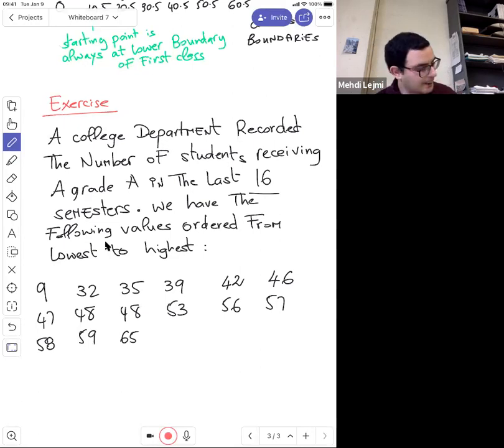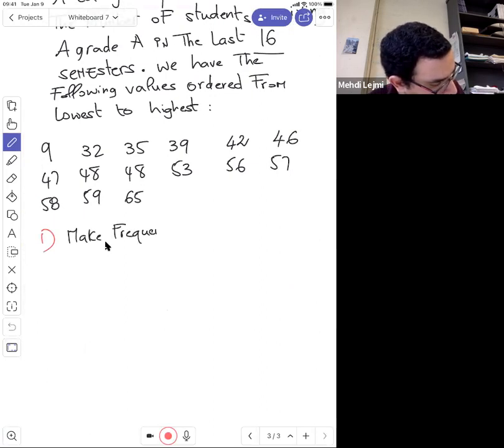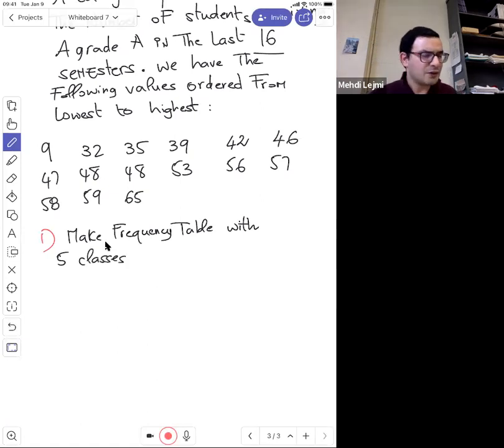All right, so first we're going to make a frequency table with 5 classes. This frequency table doesn't include everything, okay?